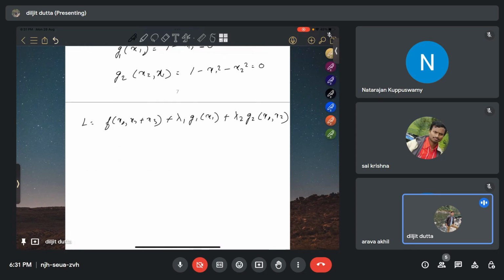If there are n number of constraints, we will have n number of lambdas. So the number of lambdas is equal to the number of constraints. So we'll expand the form. It will be x1 plus x2 plus x3 square plus lambda 1 into 1 minus x1 plus lambda 2 into 1 minus x1 square minus x2 square.